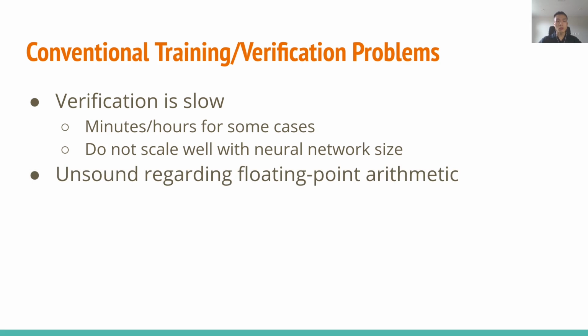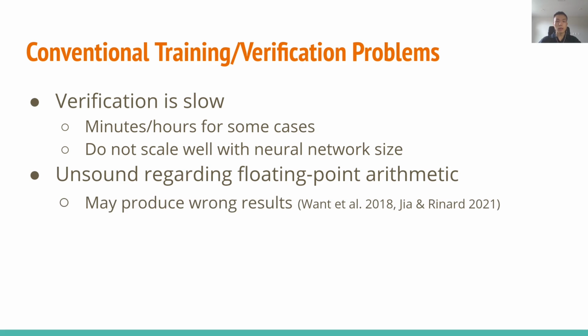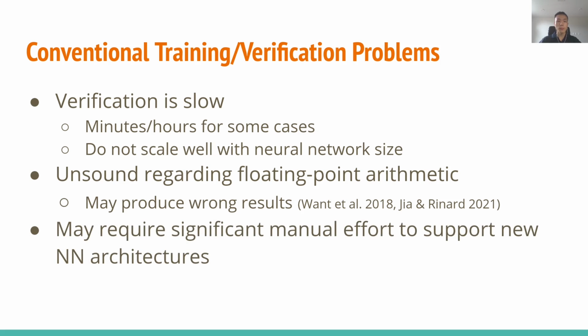The verifiers are also unsound with respect to floating point arithmetic, because they cannot afford the complexity to accurately model the floating point computation details in the neural network inference implementations. And they have been shown to produce wrong results in certain cases. If we want to support new neural network architectures, we may also need to invest significant manual effort to develop new verification algorithms.